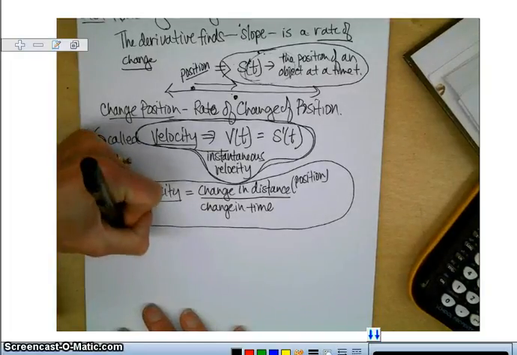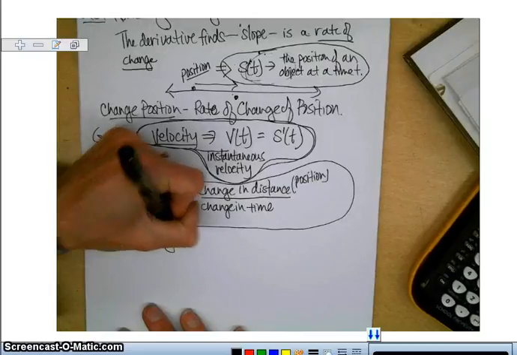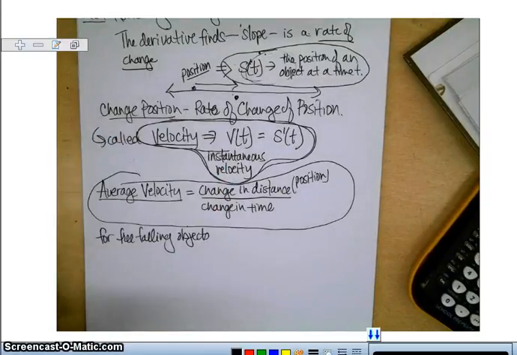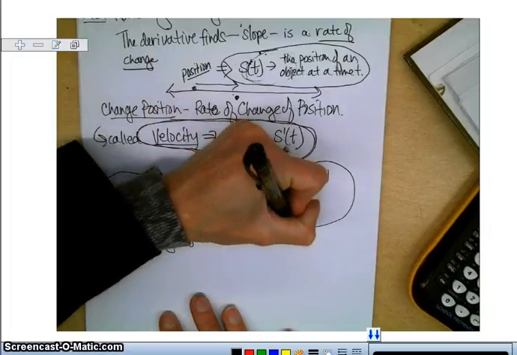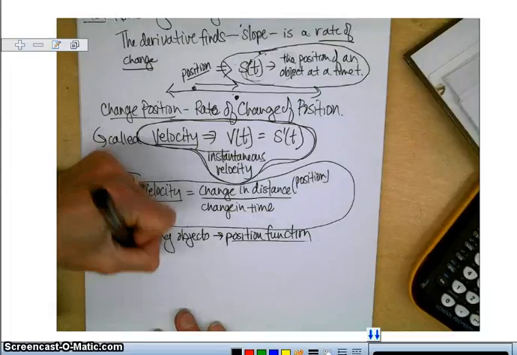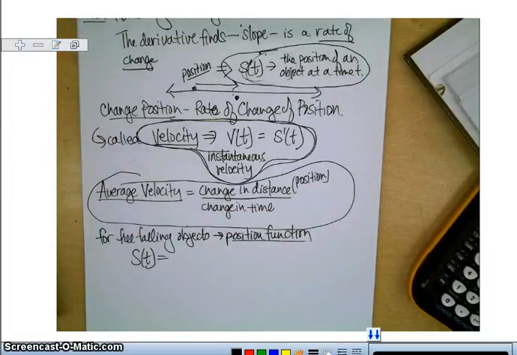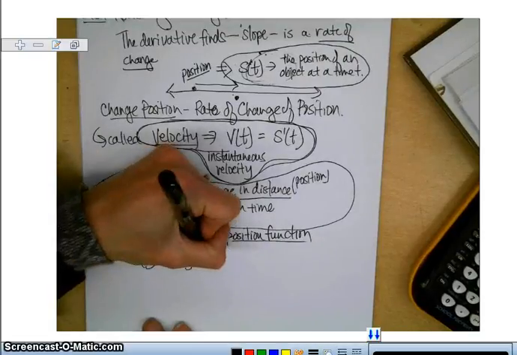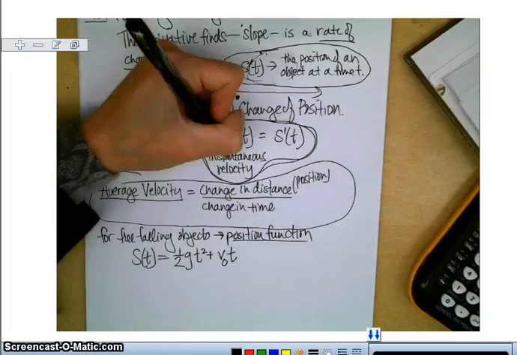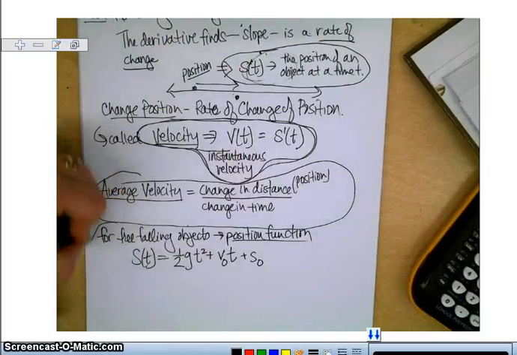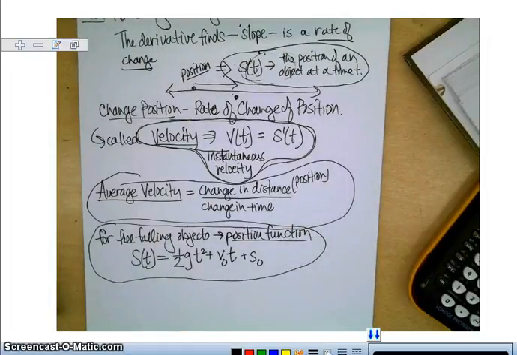For free-falling objects, the position function is S of t equals 1/2 times the force of acceleration due to gravity, g, times t squared, plus the initial velocity times t, plus the initial position. This is in your book on page 114.